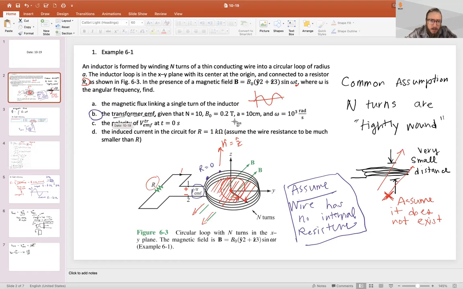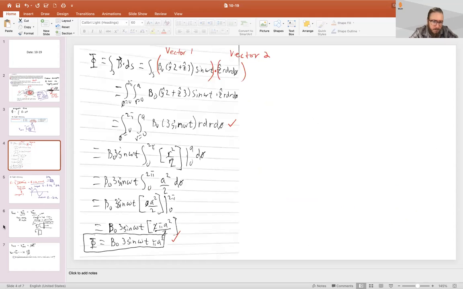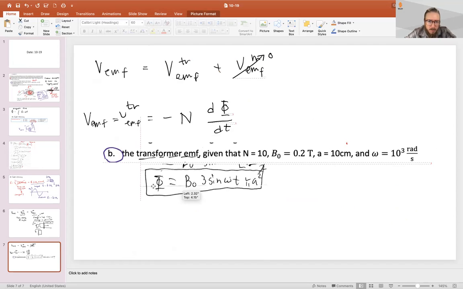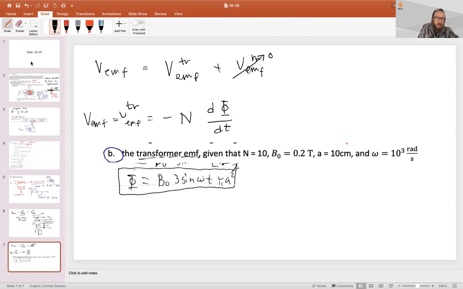Paste these in. So based on what we're given, find an expression for this EMF voltage.